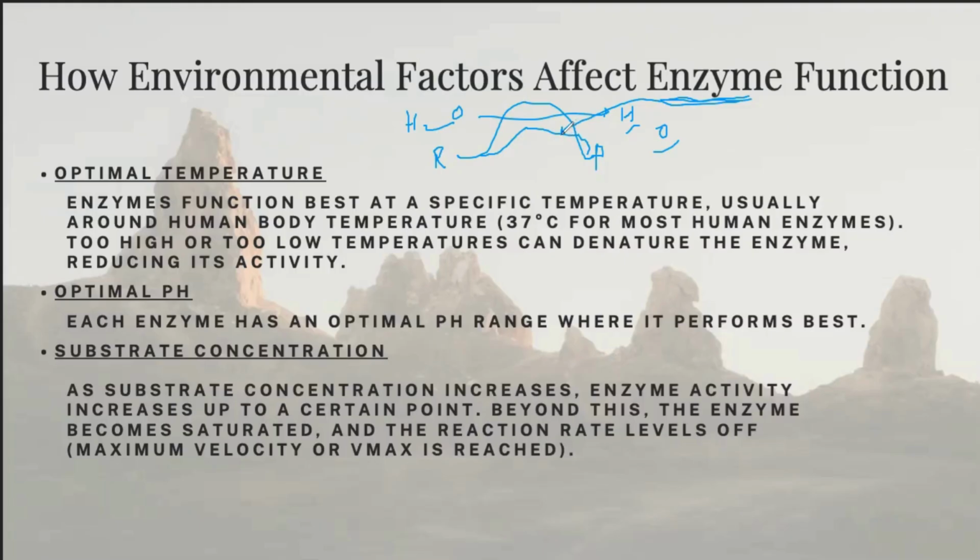Now, where does the environmental factor come in? Well, there are three main conditions that allow enzymes to work properly, and this includes temperature, pH, and substrate concentration, which we're going to dive into deeper in this video. However, I want you to think about your stomach as being very acidic.